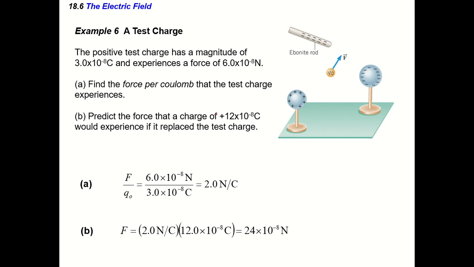So predict the force that a charge of positive 12 times 10 to the minus 8 would experience if it replaced the test charge. So we have here F. This is our test charge, which is originally 3. We have to replace it with this one.